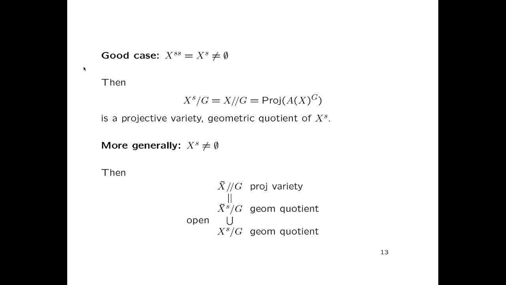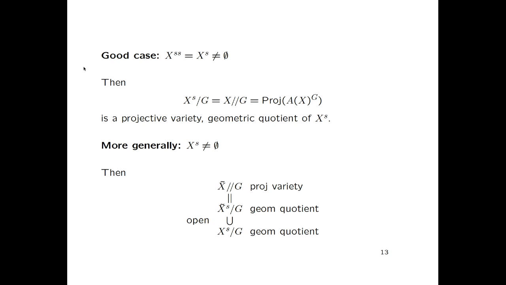So summarizing the bits of the picture that I want to go on and generalize in a non-reductive setting in a minute: in the classical GIT case, we have the best case, which is when semi-stability is the same as stability, and you've got some stable points.